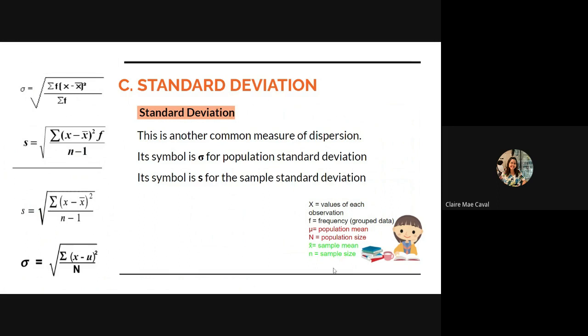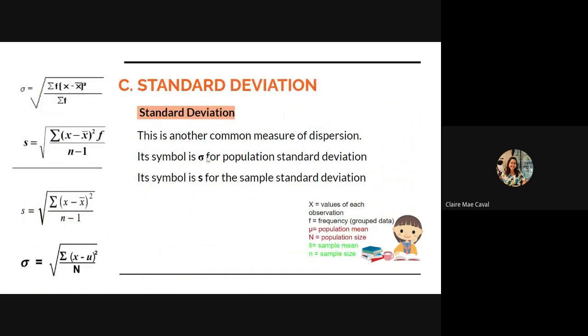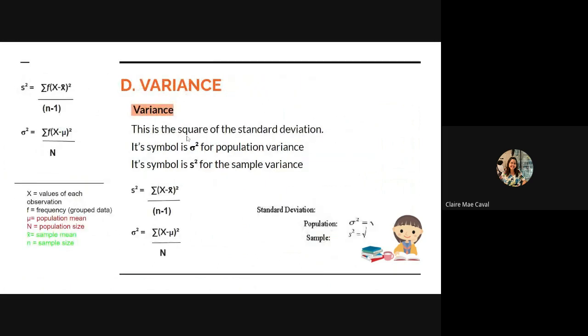Okay, let's proceed. Variance, this is another absolute measure of dispersion. This is the square of standard deviation, class. So if this is the square of standard deviation, meaning yung standard deviation natin is the square root of your variance. Okay?